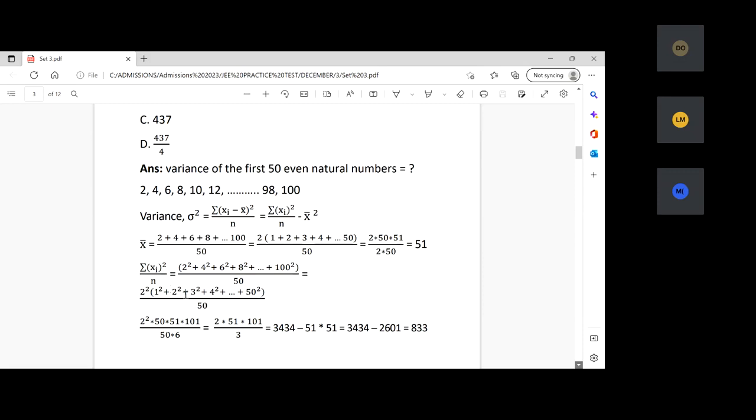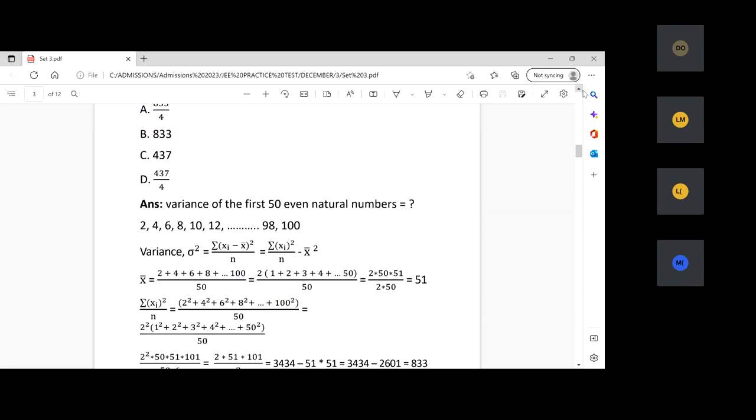So here it's the squares equation: n into n plus 1 into 2n plus 1 by 6. So you can use that formula, you can substitute it. So you have this term as 3434. So now applying the formula, this will be 3434 minus 51 square. So what is the answer? It is 833, which is, sorry, I think option B.